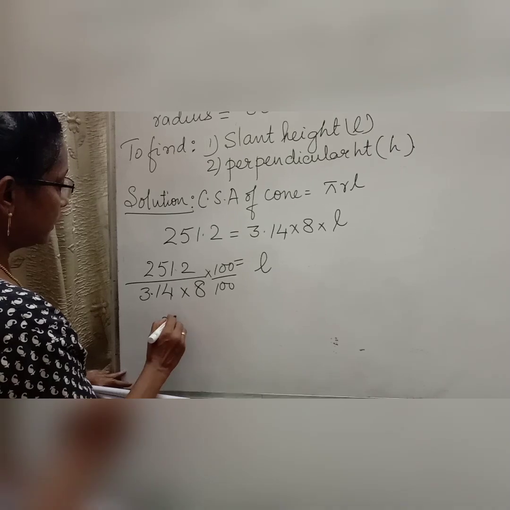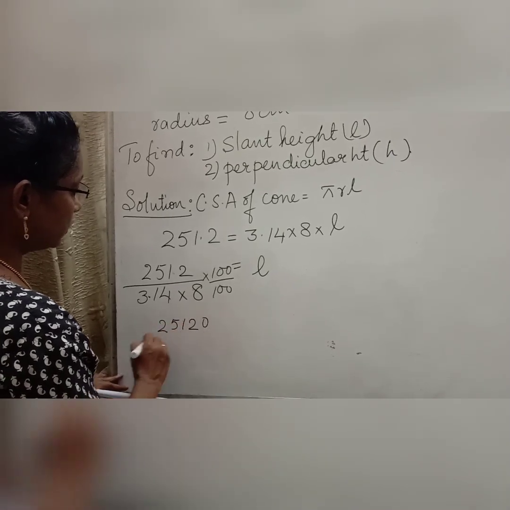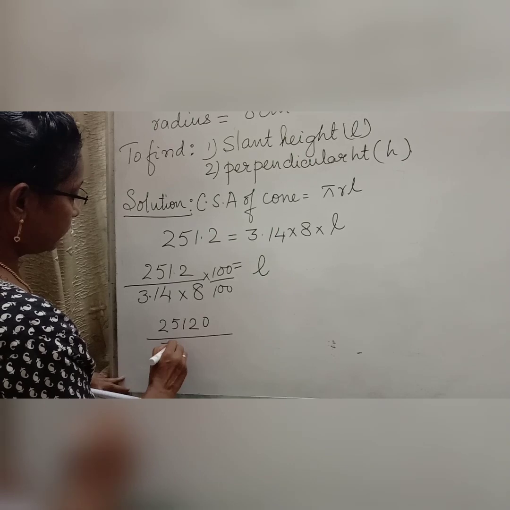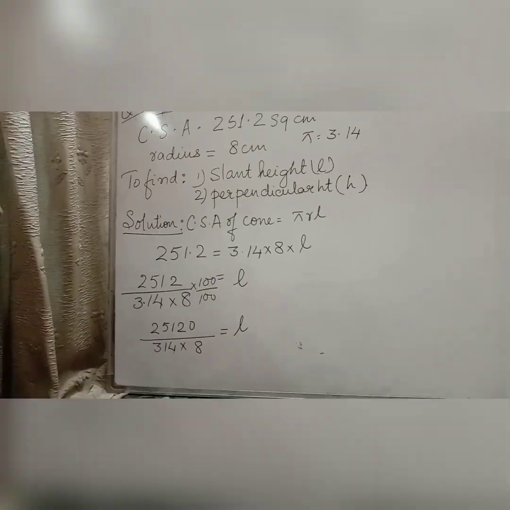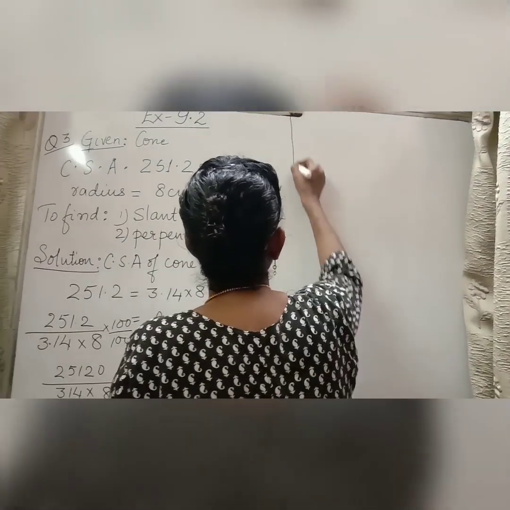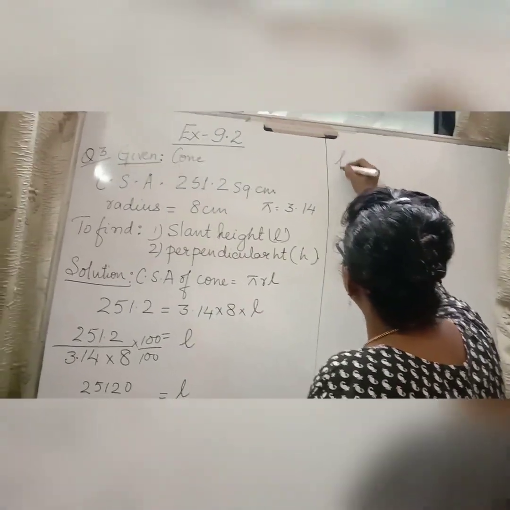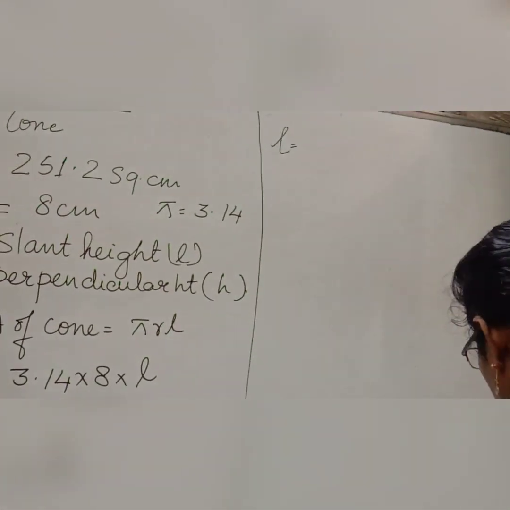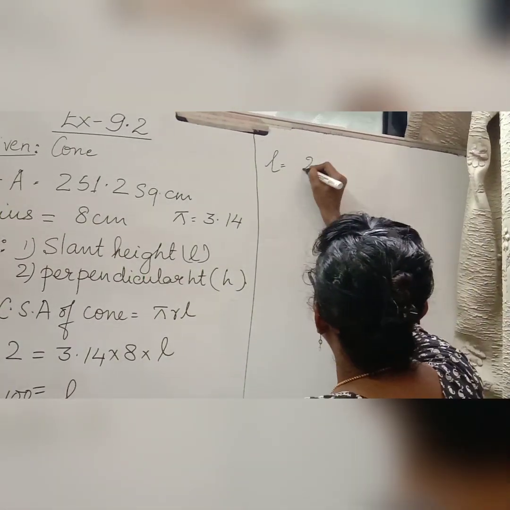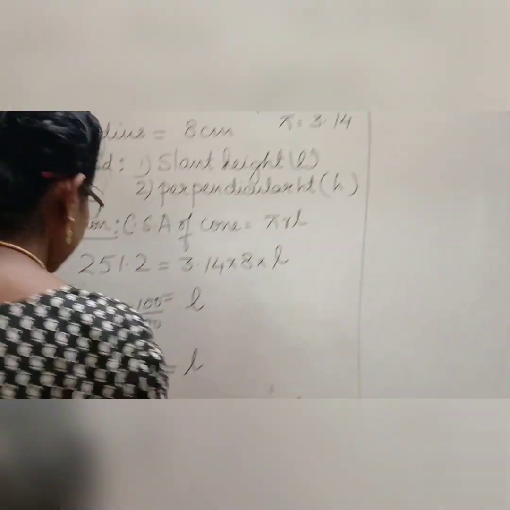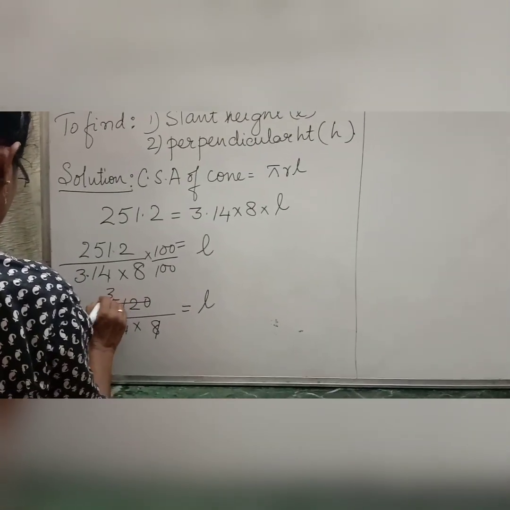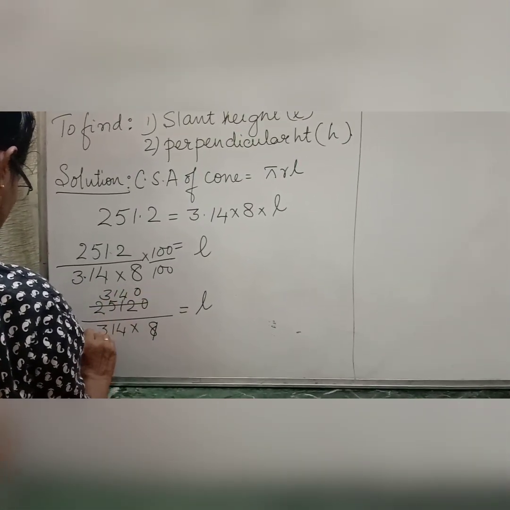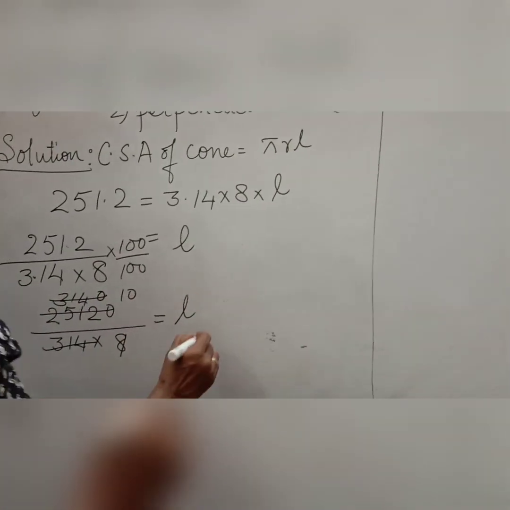So you are getting 25120 upon 314 into 8 is equal to L. Now after cancelling, L is equal to 10.